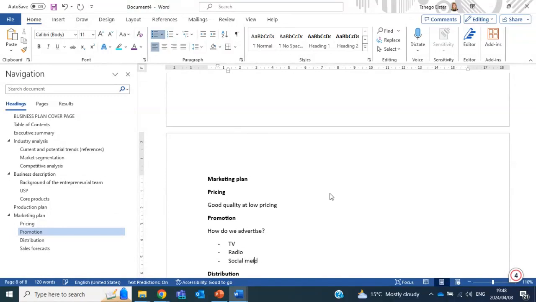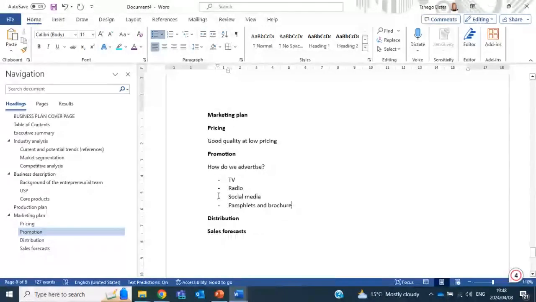Now there's a lot of social media, and platforms can be several, and also brochures, pamphlets. So in other words, you would go into detail about the kind of advertising or the kind of promotion that you partake in as a business.